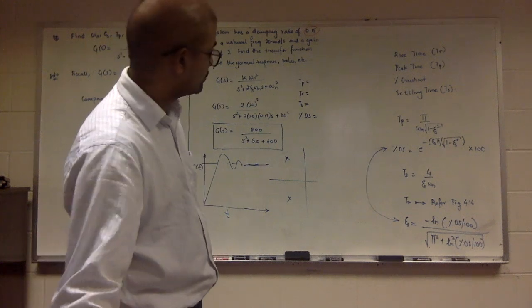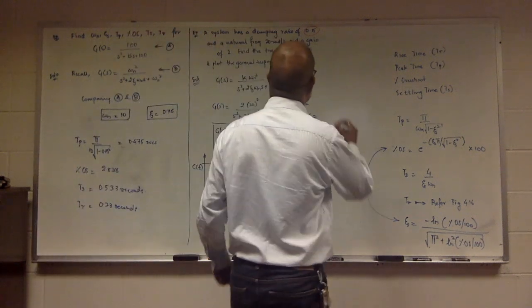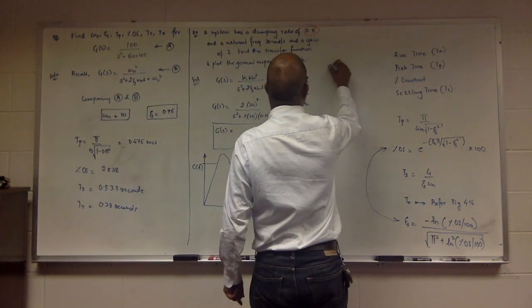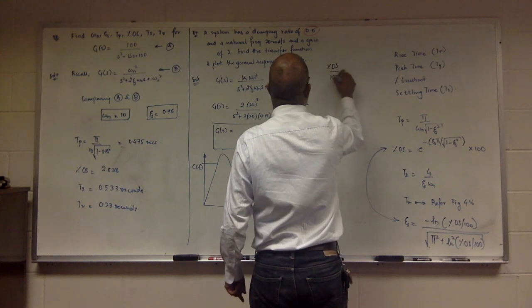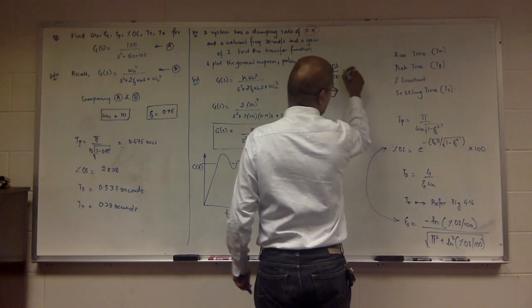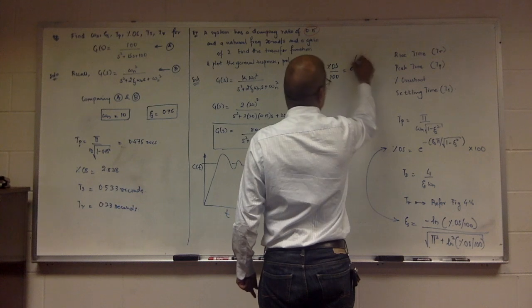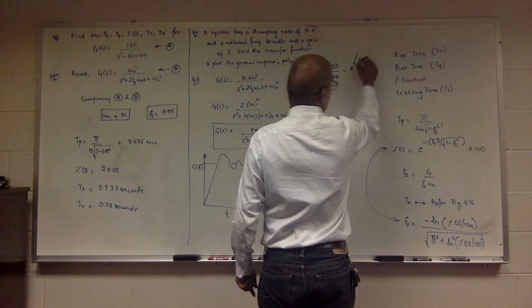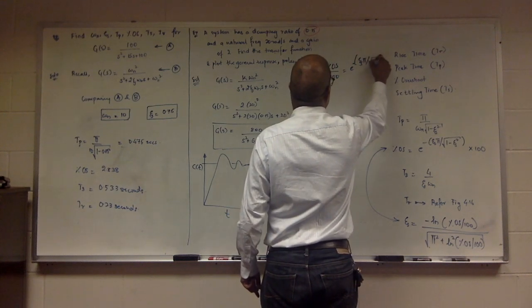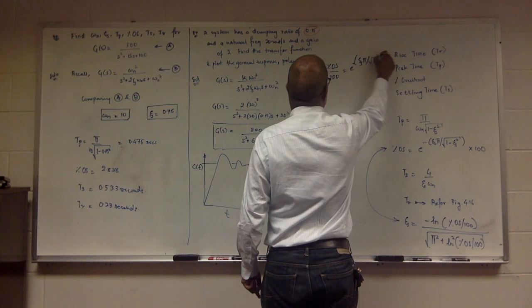So you have percentage overshoot divided by 100, right? Equal to e to the power of minus zeta pi divided by root of 1 minus zeta squared, right?